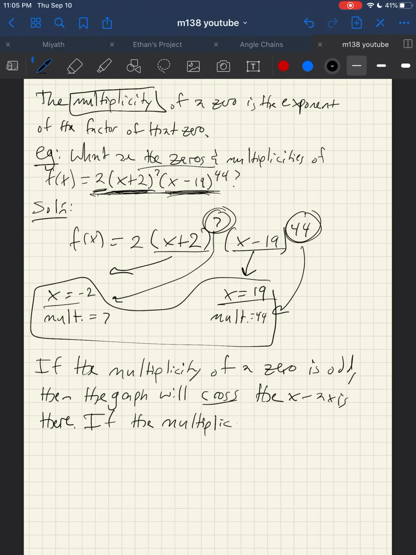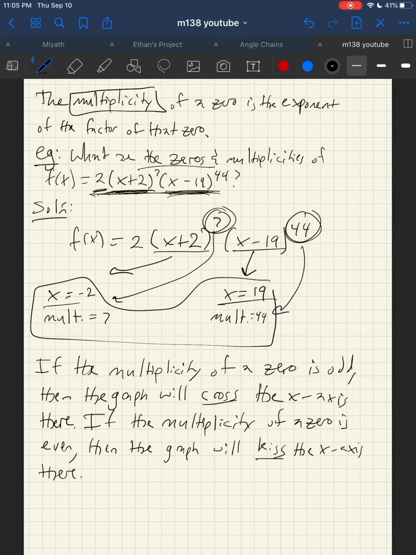If the multiplicity of a 0 is even, then the graph will kiss, or just touch the x-axis there.